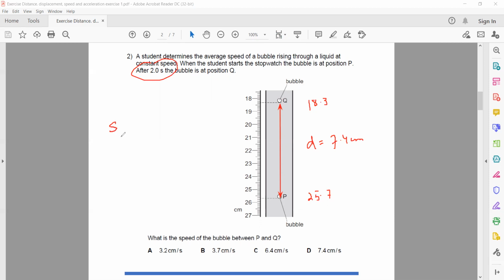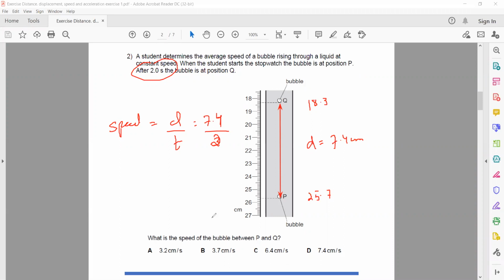So we need the average speed, that is the total distance divided by time. So distance is 7.4 divided by time, which is 2. So 7.4 divided by 2, or 25.7 minus 18.3, divided by 2.